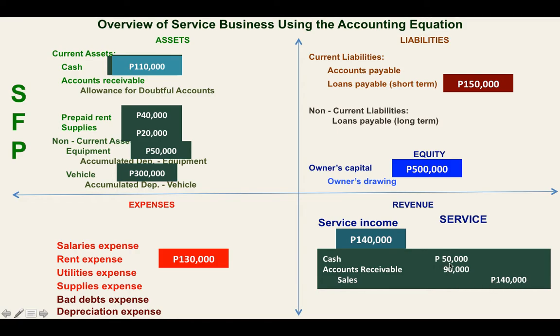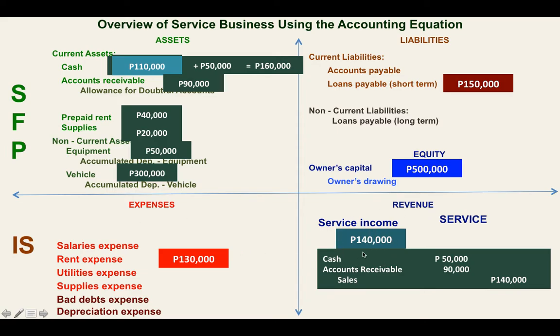So with this, we will have an additional cash of 50,000, and accounts receivable of 90,000. Okay, so our cash now is 160,000, and we have a receivable now of 90,000. Okay, class? So with this, we can already prepare our income statement by presenting the revenue and expenses.